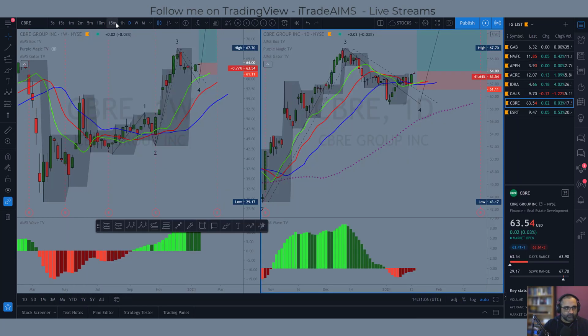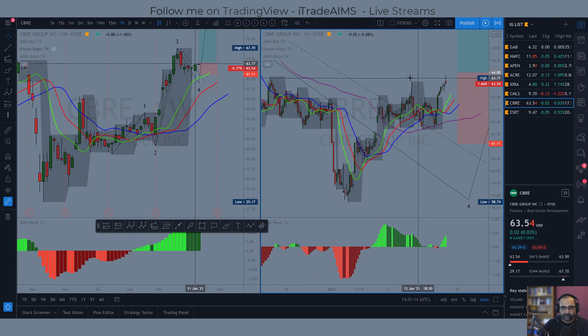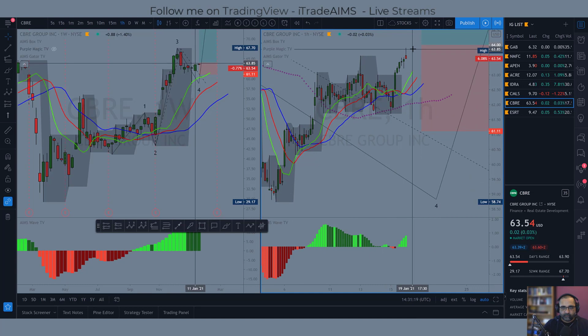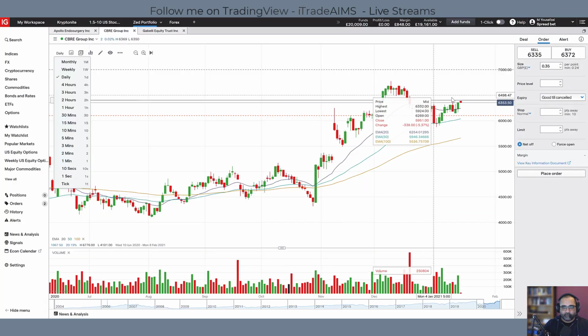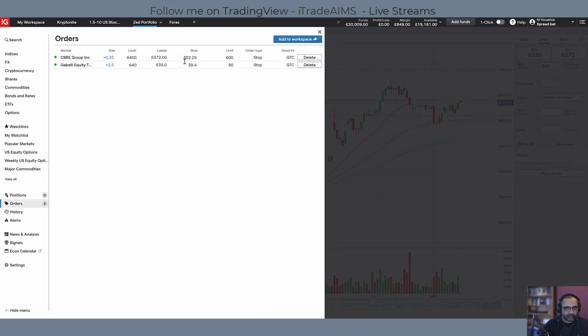If I go to intraday charts, usually these stocks have pre-market data, but not this one. So the green sign is now indicating the market is open. So we went up and now it's dropping. So our order was at 64. So I think the order has not been taken in yet because it still shows as orders, right?